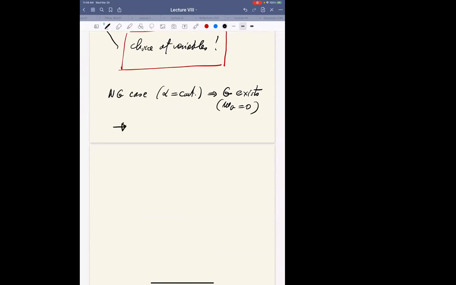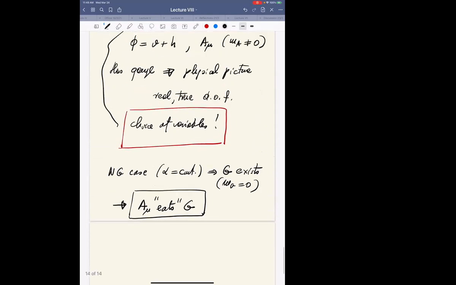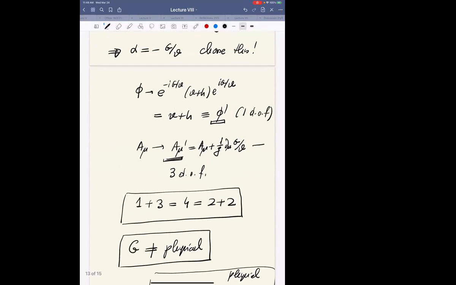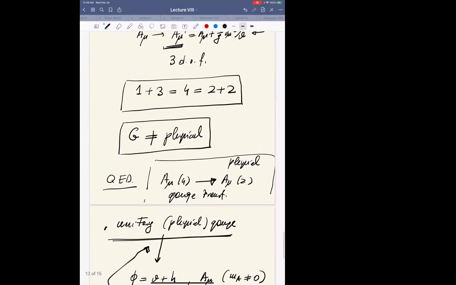Well, we say that A mu eats G. A mu became fat. He had 2 degrees of freedom to start with. This guy had to get a degree of freedom from somewhere, and that's what he did. It sort of incorporated the G in itself. You can see that manifestly when I performed the gauge transformation. G entered into the existence of my A mu field when I chose this rotation. He made part of it.